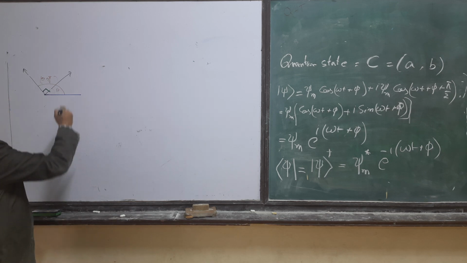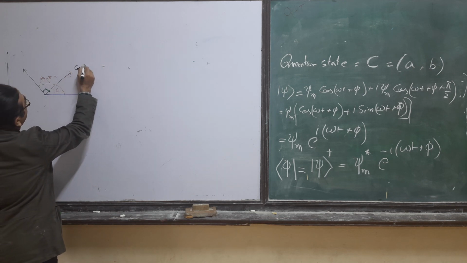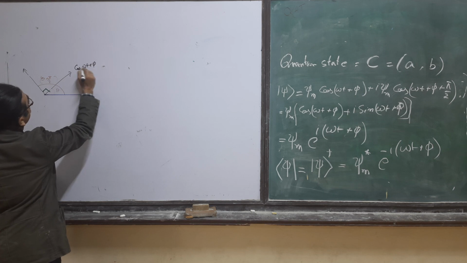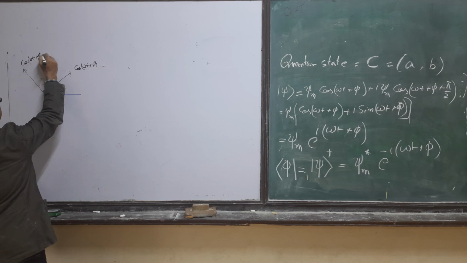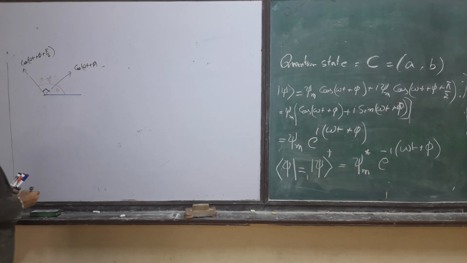If this is cos omega t plus phi, this is the angle. This will be cos omega t plus phi plus pi by 2. Yes, and this will be the iota axis. Okay, got it.